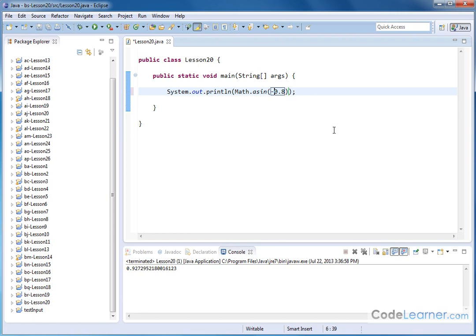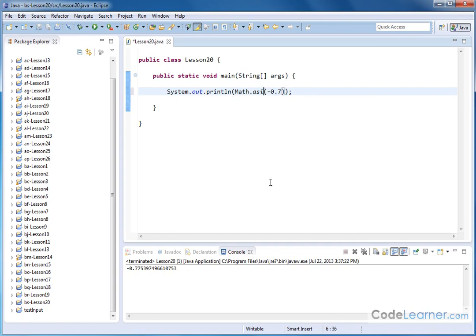If I give it -0.8, I will get an answer back. But if I go outside that range and make it -8.8, that's just not mathematically possible because of the way the sine function and the inverse sine function are defined. So if you ever see NaN, that's the reason why. The basic use of the method is as simple as passing a value in there.